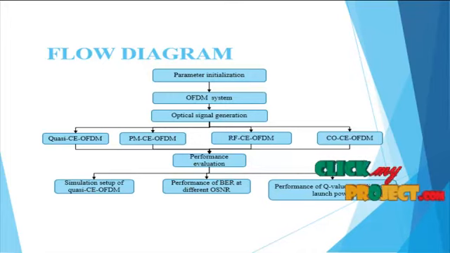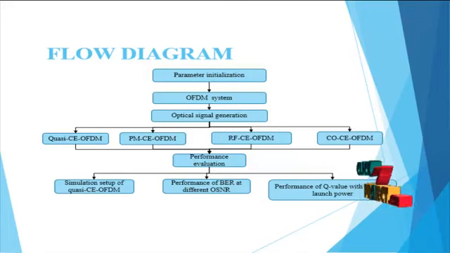The optical signal to noise ratio is set and we are finding the bit error rate for this signal. Then the performance of Q value with different launch power. The launch power is given by using the optical signal and we are finding the Q value for all the different OFDM systems. Thus, it proves that the quasi-CE-OFDM has high spectrum efficiency.